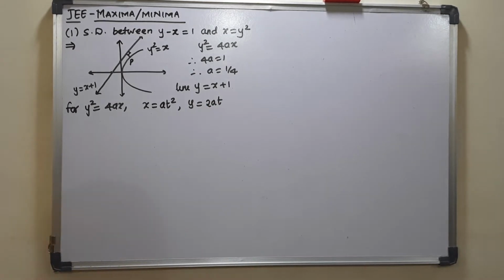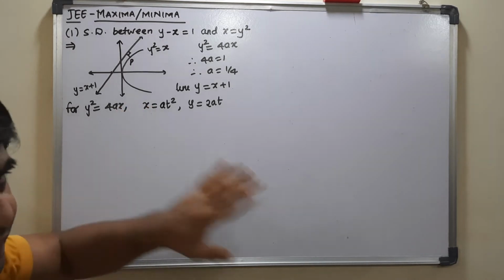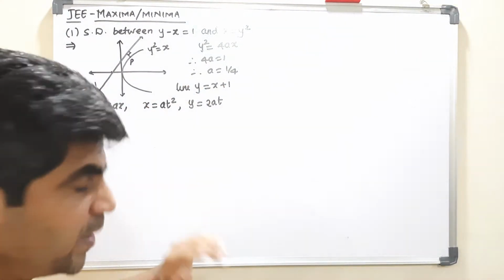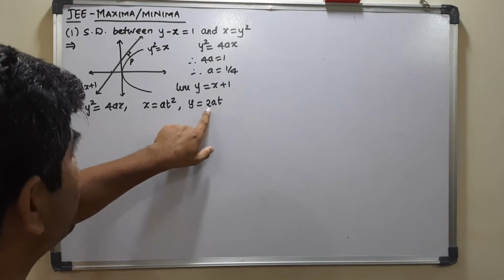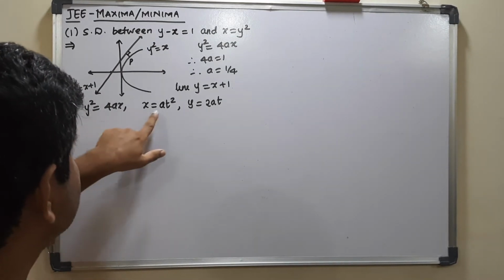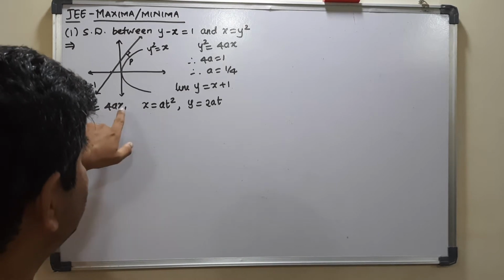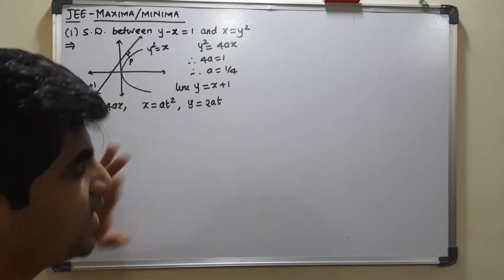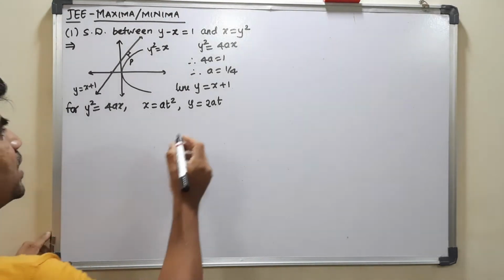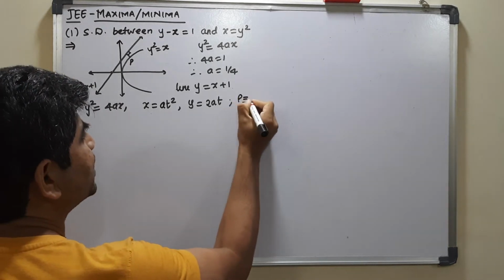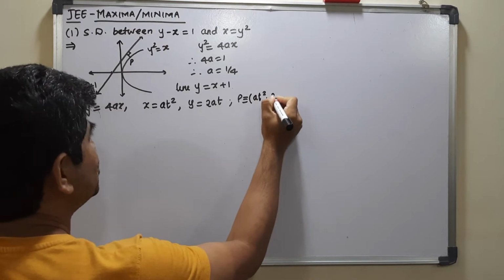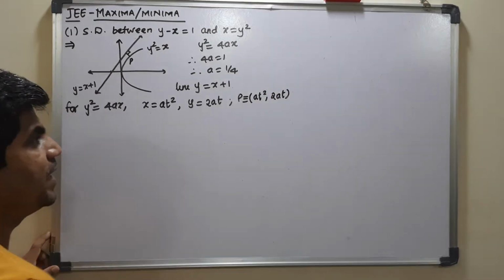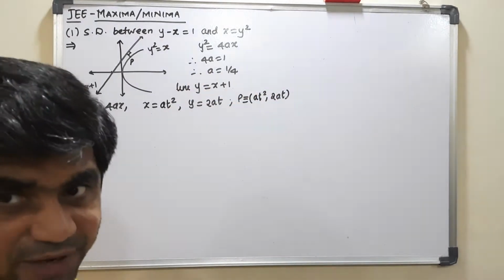and obviously because of this the y becomes 2at. That means 2at square, if you see, is, now see, actually I am showing you, this is not the part of this particular explanation, but then do 2at. So this will become 4a square t square, and this is 4a, and x value is already at square, that is 4a square t square. So your parameter over here is nothing but P, so called as at square comma 2at, right, in which a is already 1 by 4.